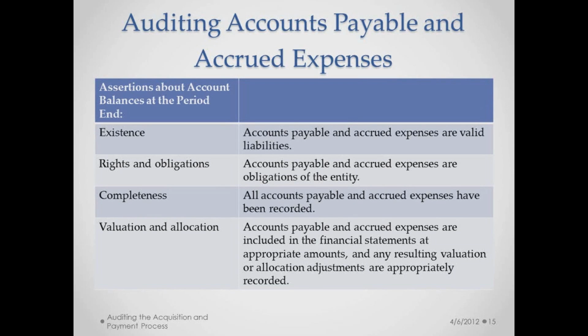So that's why you would do a search for unrecorded liabilities, where you can do that in conjunction with doing your cutoff, looking at receiving reports after year end to ensure that there are no items that were received but not recorded in the current period. And then valuation and allocation is similar, that is recorded at the correct amount in the financial statements.